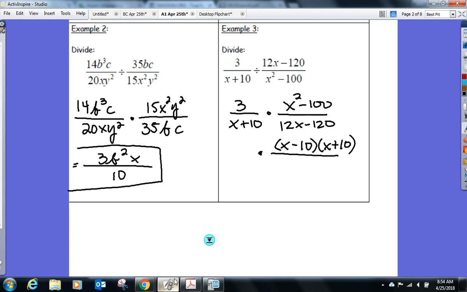I got 3, I got X plus 10, and I got 12X minus 120. There's one more I can factor. Okay, what do you want to do with that one? Yep. X minus 10. That's the only thing I can factor.